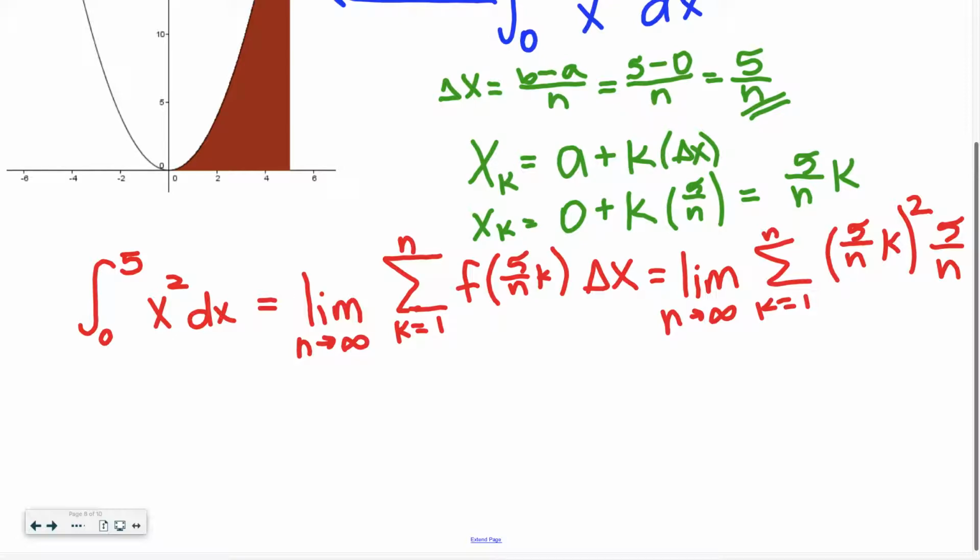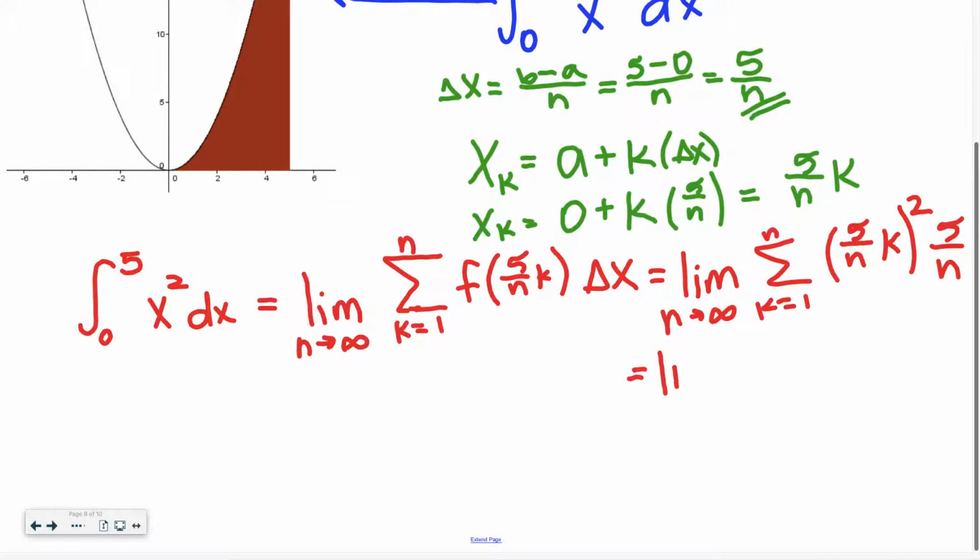Our function is y equals x squared. So f of this means, hey, plug this into our function, which is x squared. So x squared. Yes? Okay.